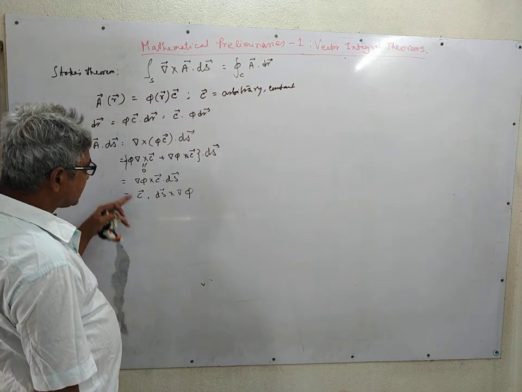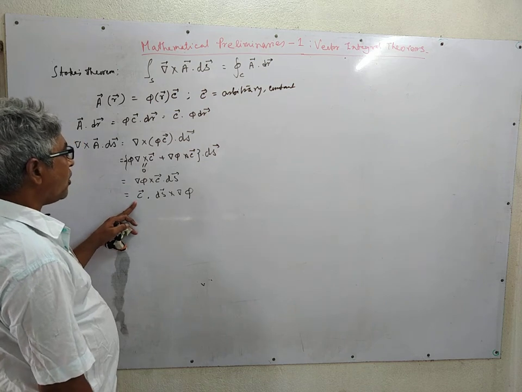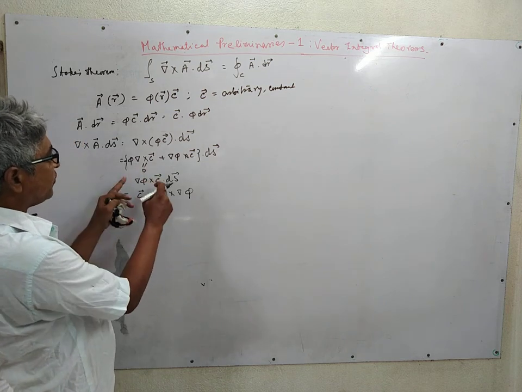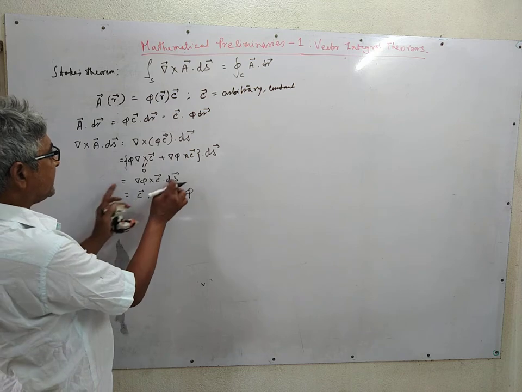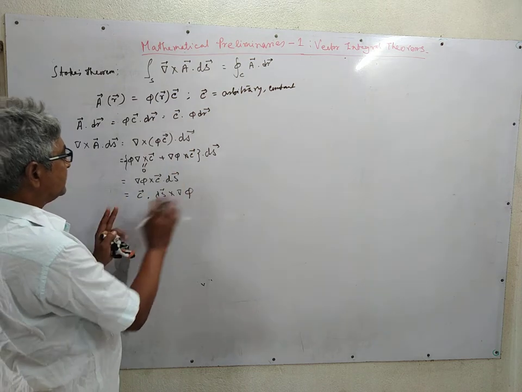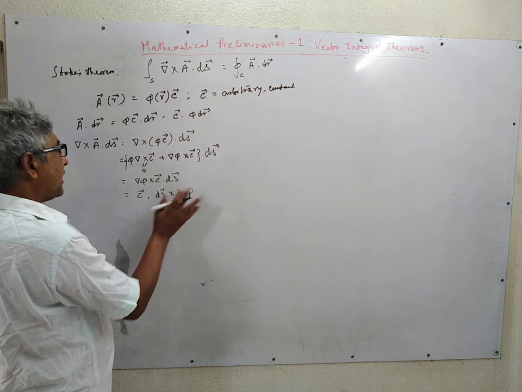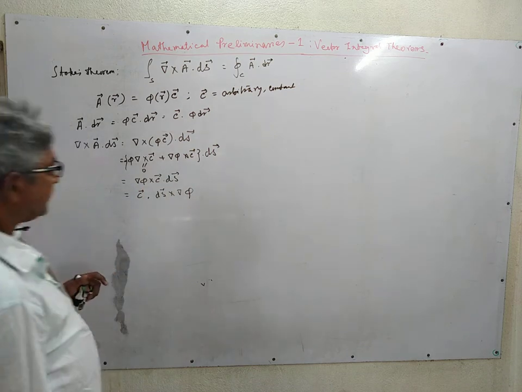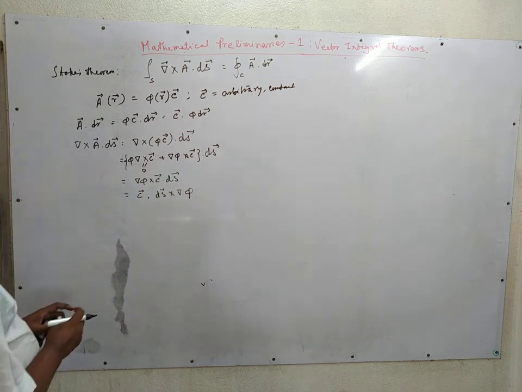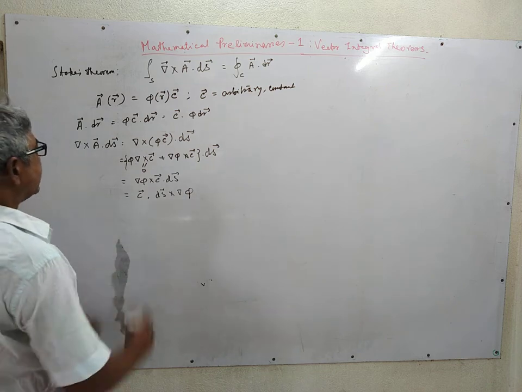In going from this stage to this stage, we have made two interchanges: one is C and grad phi, and then grad phi and ds. So there is no change in sign, and we can put dot and cross anywhere for a scalar triple product. So this is the result.